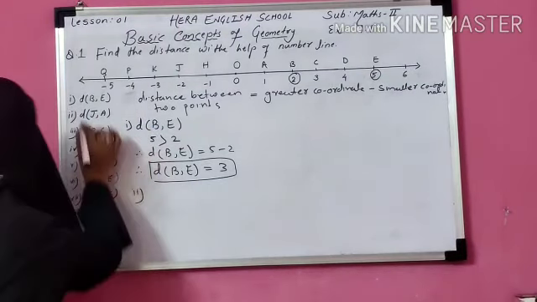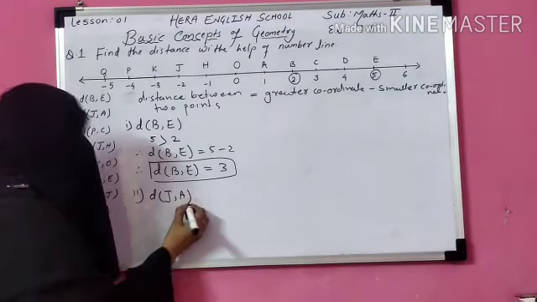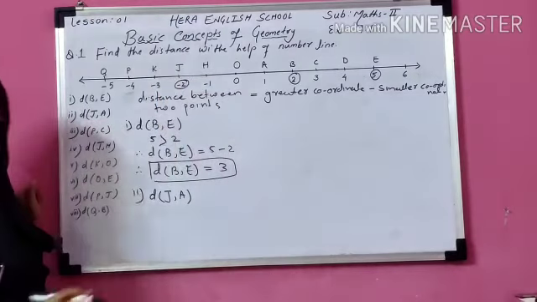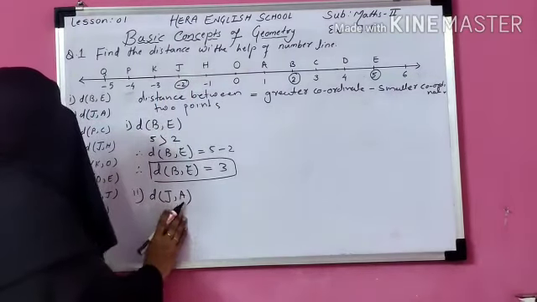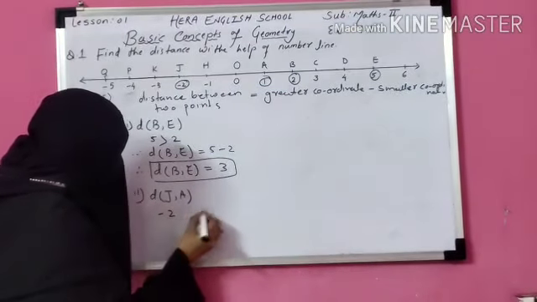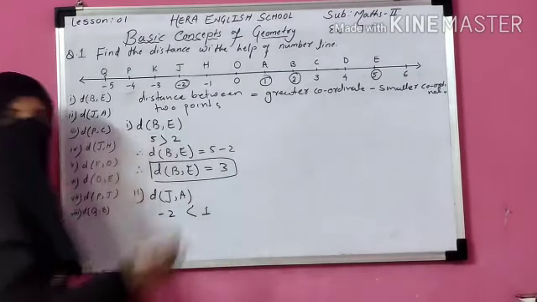Now the next question. You have to find the distance between points J and A. Observe the number line. The coordinate of point J is minus 2. The coordinate of point A is 1. Which number is greater here? Obviously 1 is greater than minus 2.